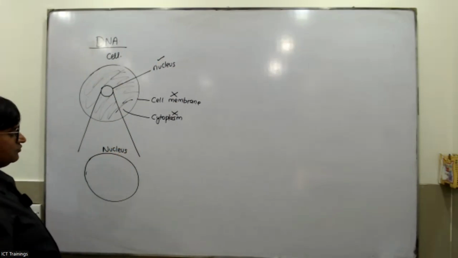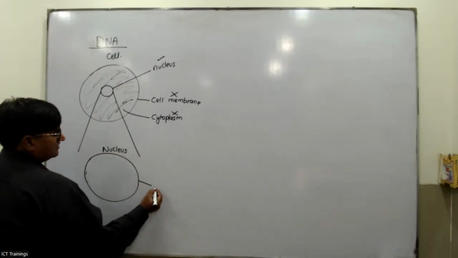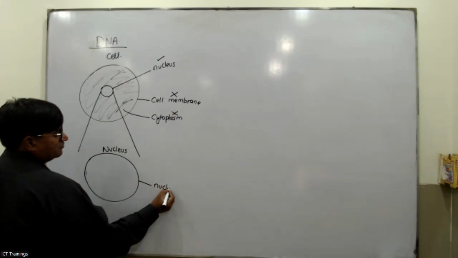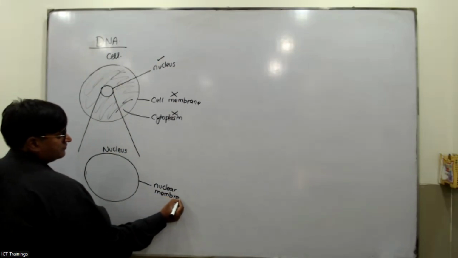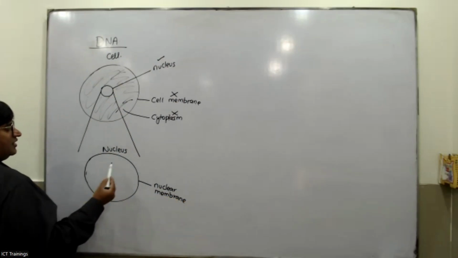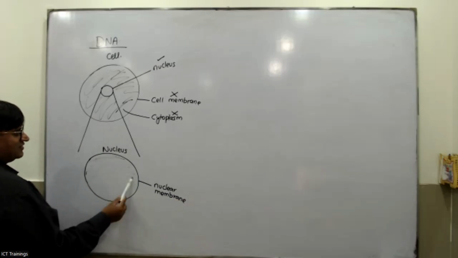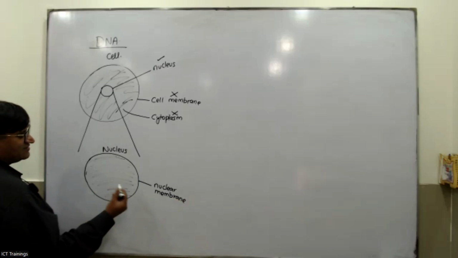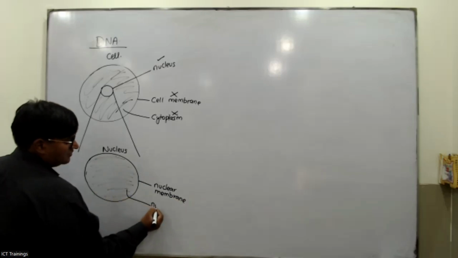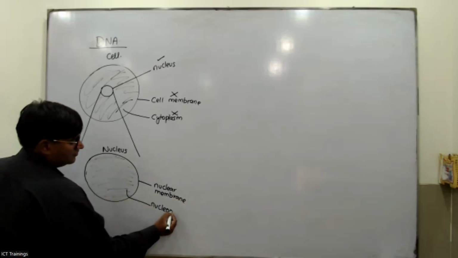The nucleus has an outside membrane which is called the nuclear membrane. The nucleus has a jelly-type substance inside it, which is called the nucleoplasm.